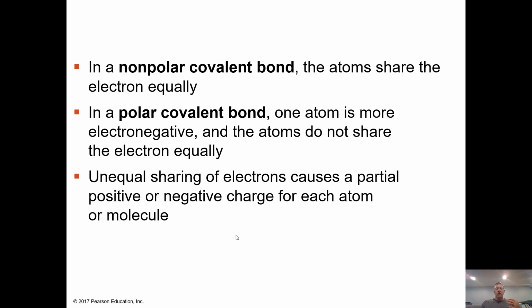If you have two really electronegative elements, they'll actually form a non-polar covalent bond. But when you have something like hydrogen, which has fairly low electronegativity, and oxygen, which has a high electronegativity, you're going to get a polar covalent bond. If it's that huge of a difference, it ends up becoming our next bond, which is ionic.